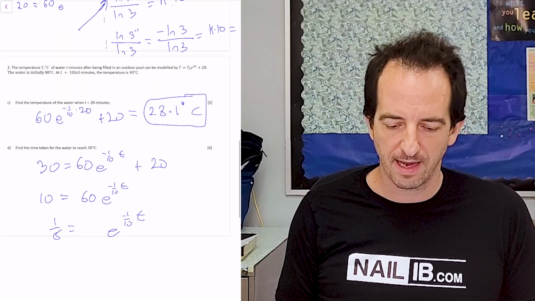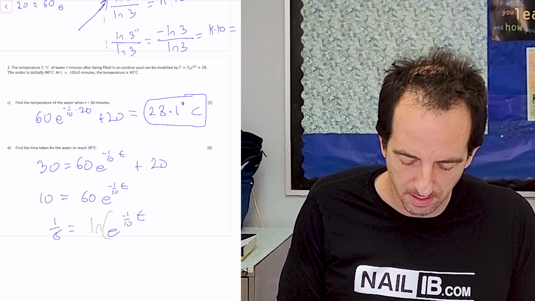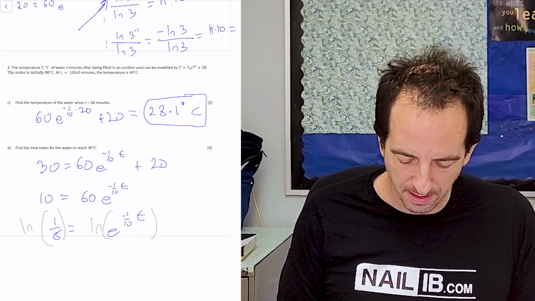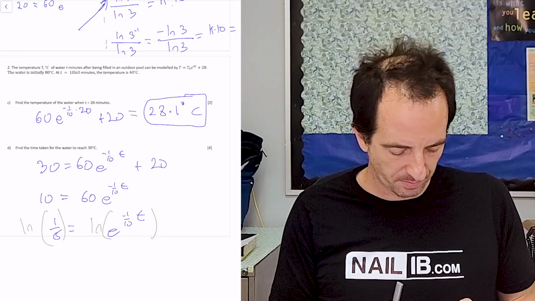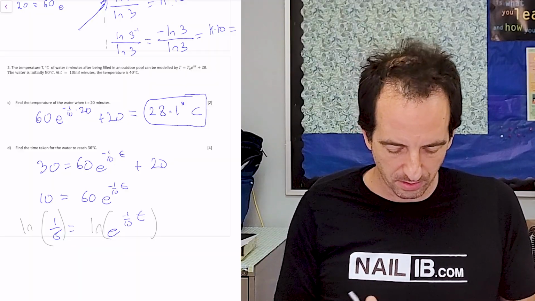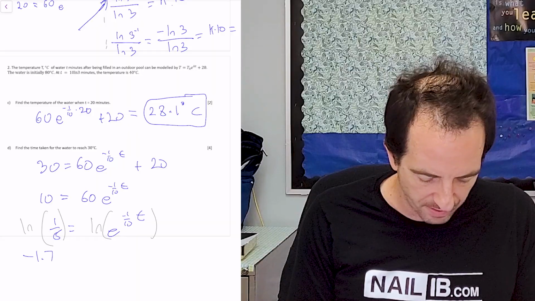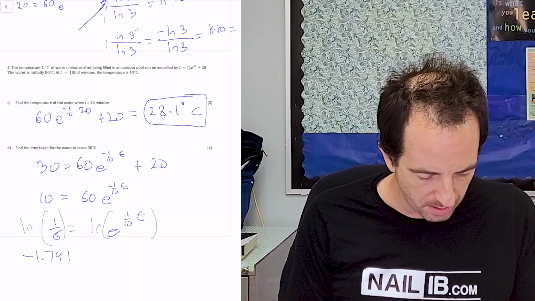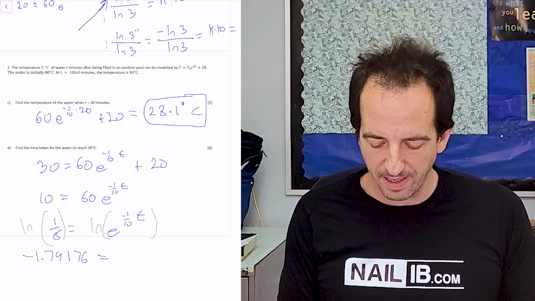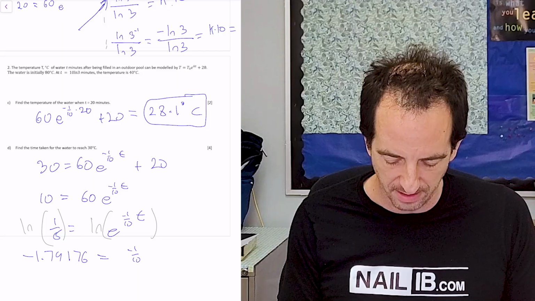Finally, how do I isolate that t? I will natural log both sides. That's going to leave us with the natural log of 1 divided by 6, which is negative 1.79, is equal to the natural log of that right-hand side, which is now left with only that exponent, thankfully, negative 1 over 10 t.